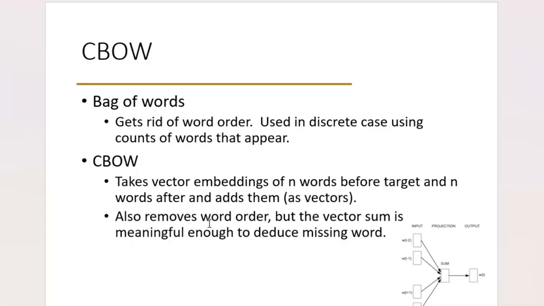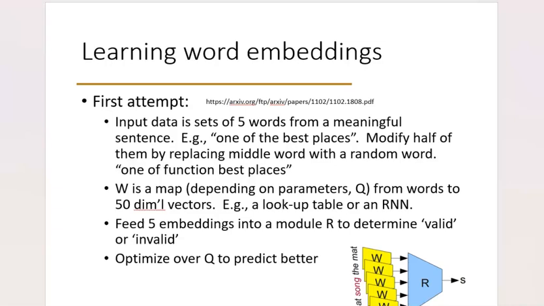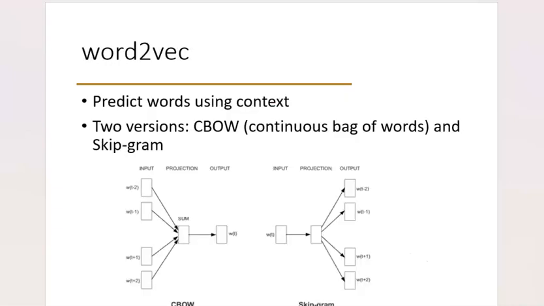And then the idea is the network has to find a meaningful representation to guess that missing word. If you look at the previous slide, let's say we take that sentence we had earlier, which is one of the best places, and we hide the word best. So we say one of the places, and our target word that we use for training is best.